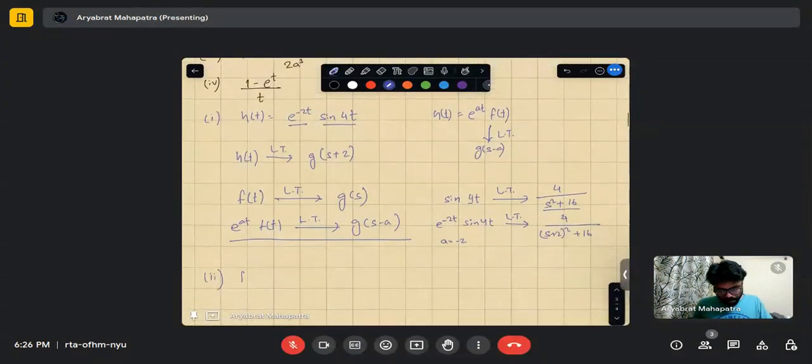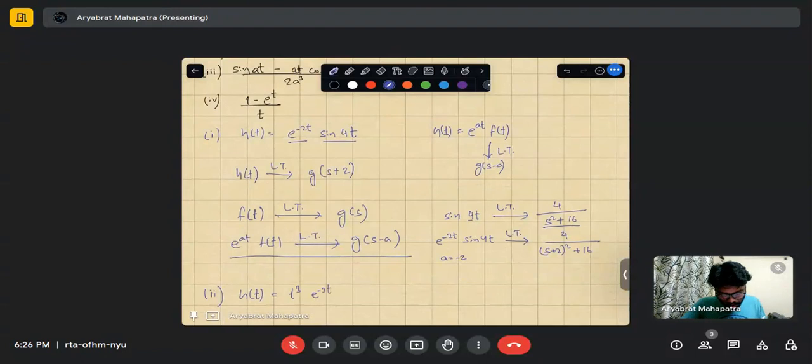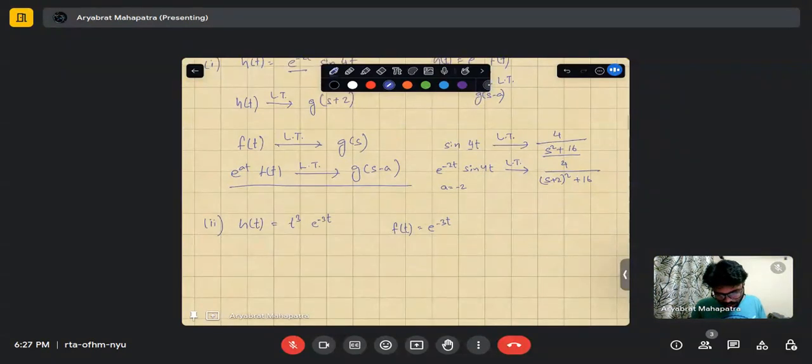Let's say h of t is my function, whose Laplace transform I'm looking for, given as t cube exponential minus 3t. So I will say that my f of t is exponential of minus 3t. When I have a function f of t and I take its Laplace transform, it gives g of s.